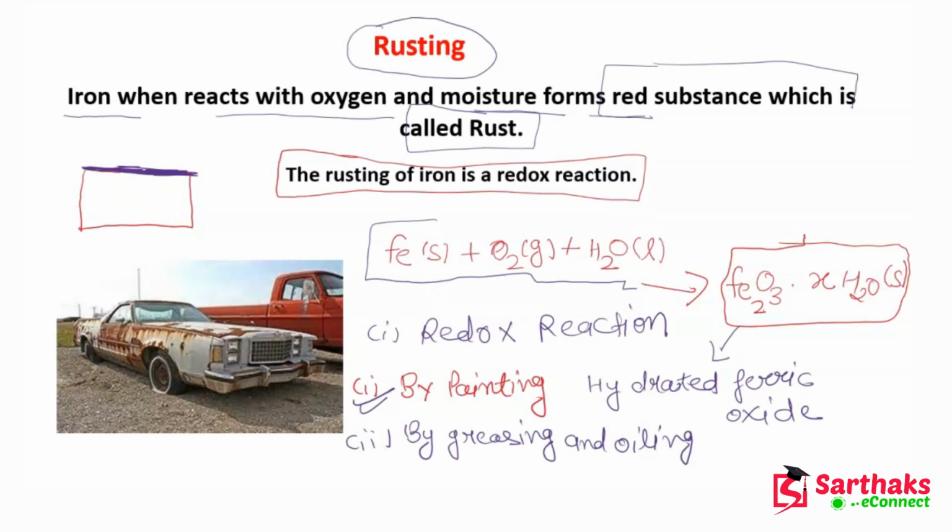For the formation of rust, these two things are very important: oxygen and moisture. If iron doesn't get directly in touch with oxygen and moisture, then it will not be corroded. So I hope guys these two methods are clear.